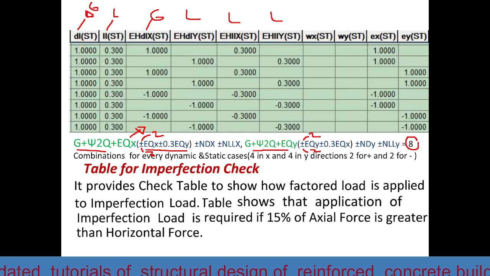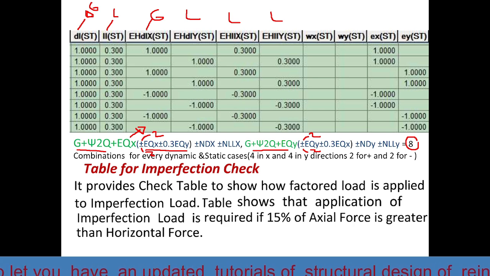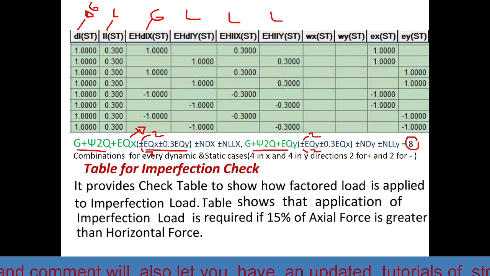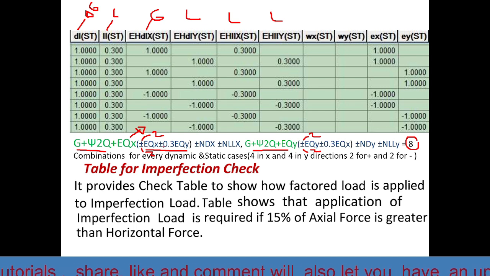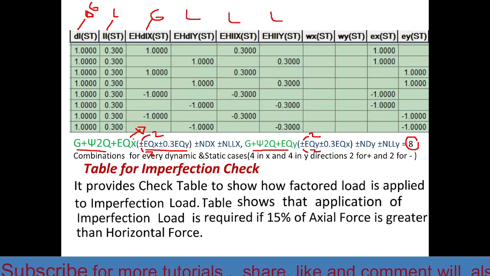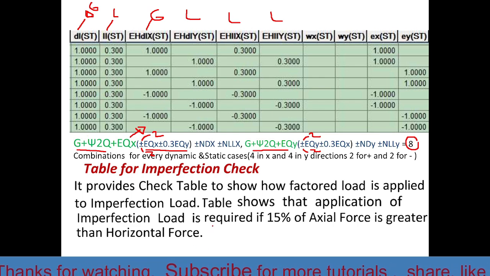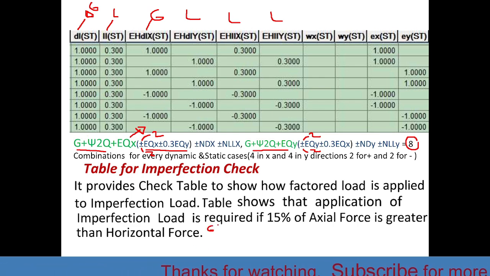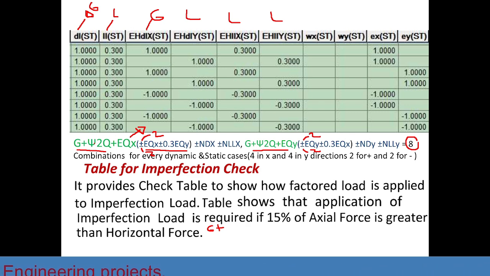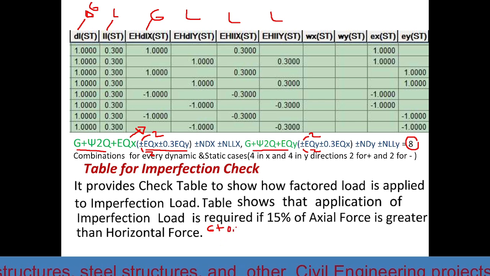So now let me write the first 4 combinations along x direction. That means keeping this, here G plus psi 2 times Q. Psi 2 is 0.3 for office building.